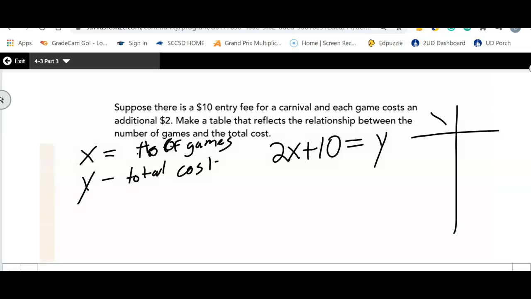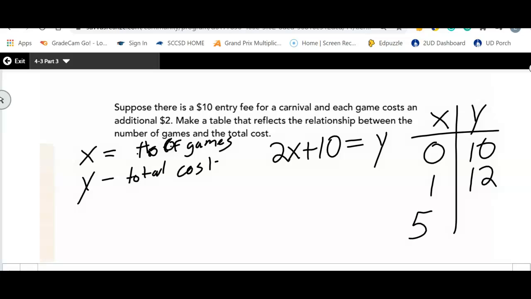If you're making your table, the number of games would be your independent variable. It's what we are changing. The dependent variable is the result. So if I play 0 games, how much money do I pay at the carnival? $10. If I play 1 game, it would cost me $12. 2 times 1 is 2 plus 10 is 12.